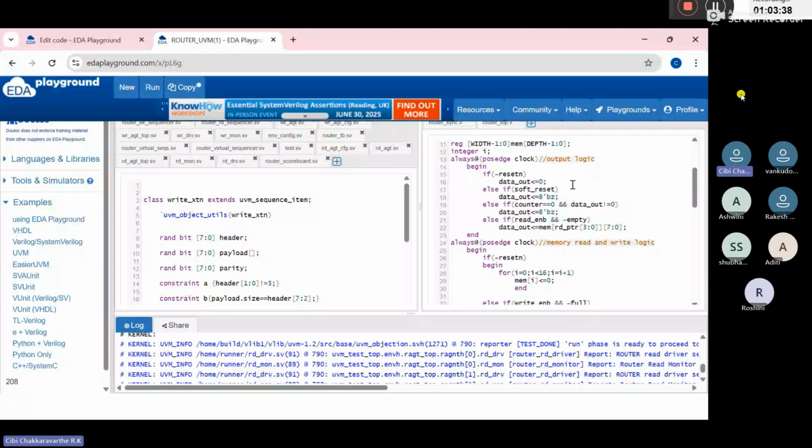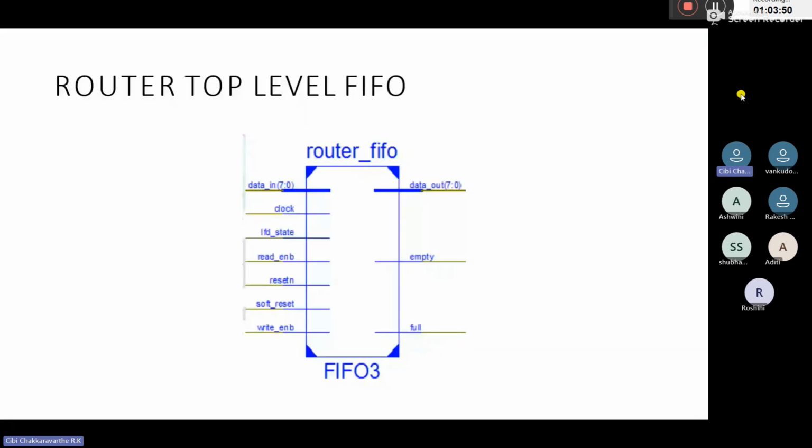We are seeing our FIFO. This is what soft reset is, and write enable. If we need to read some data, for example, in Google Chrome, we are searching something and we are receiving something. Same here. If we need to read something, we enable the read. If we are going to write something, we enable the write enable signal.